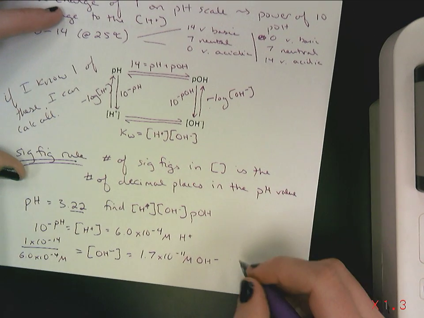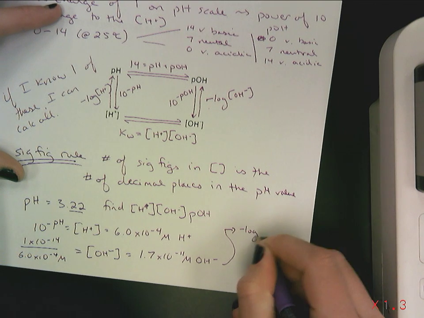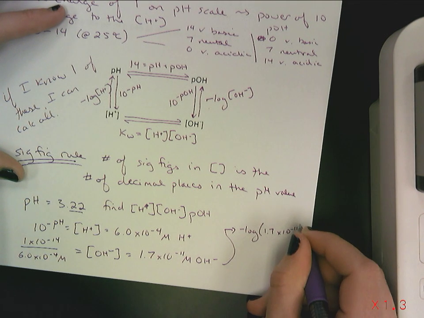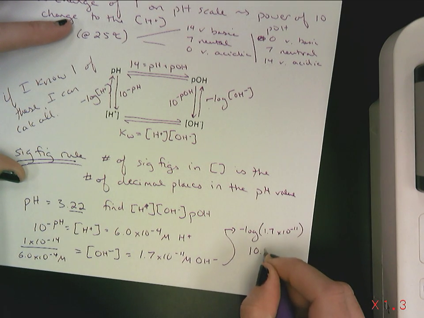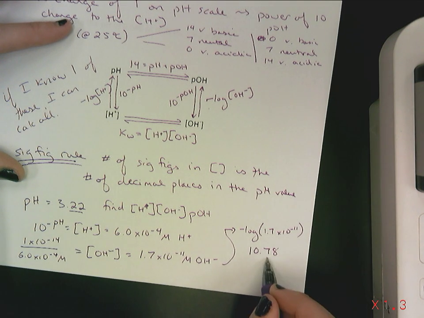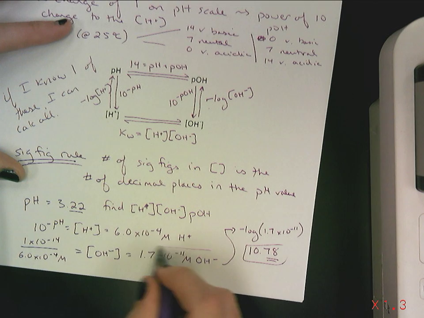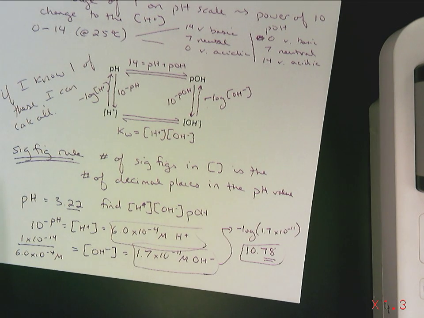And last but not least, I'm going to take the negative log of that, 1.7 times 10 to the negative 11th, to find the pOH, which is going to be 10.78. And now again, the number of decimal places is the number of sig figs in my concentration value up here. And that is how you do all those calculations and apply the sig fig rule.